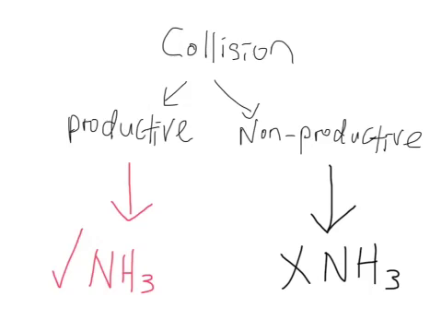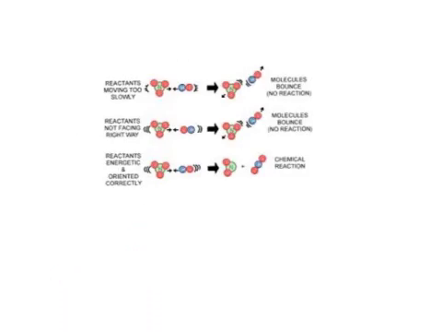Now let's just pause for a while and I would like you to look at this picture. Spend about 10 seconds to tell me of reaction 1, 2, and 3, which one is a collision, which one is a productive collision and which one is not a productive collision?